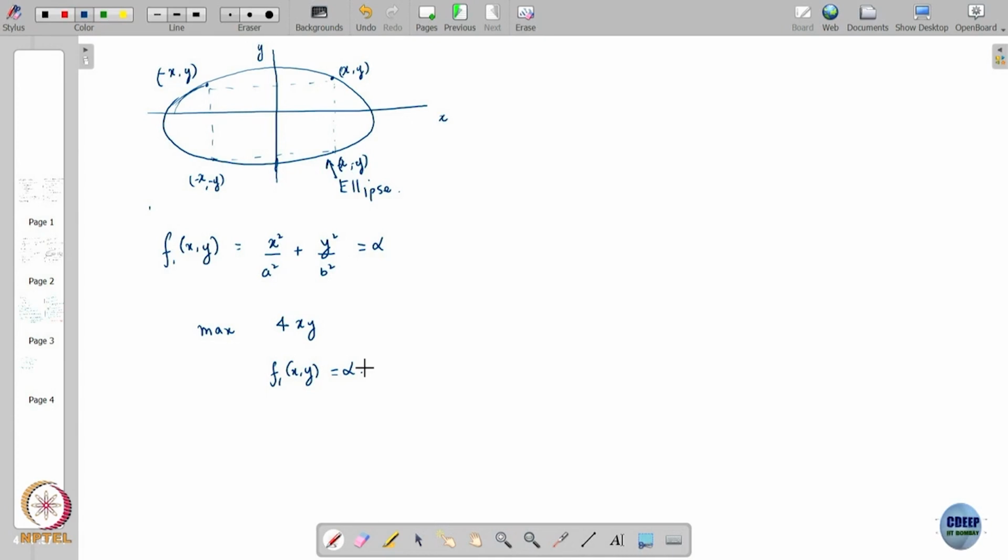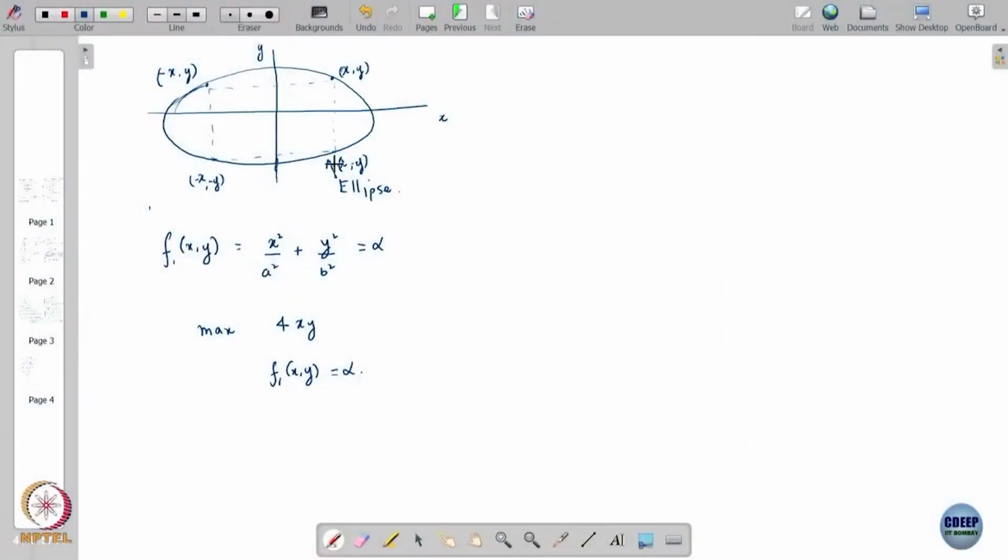Now, what is the implication of this? If you look at this particular problem, you are maximizing a function that is differentiable, but you are not maximizing it over an open set.